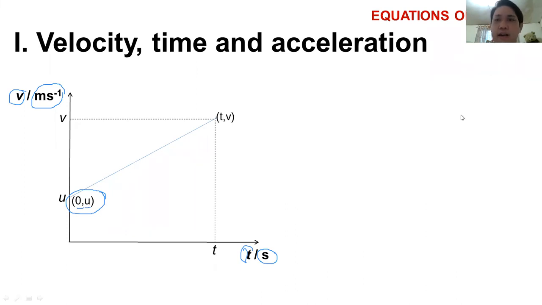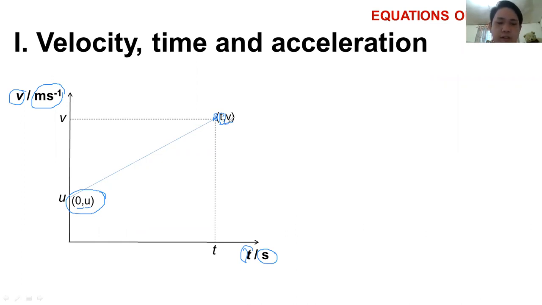After that, we can stop the line at this point, where we have the coordinates of your final velocity, which is v. As you can see, time changes. Since velocity changes, the coordinates for the final velocity, affected by the time, are t and v.